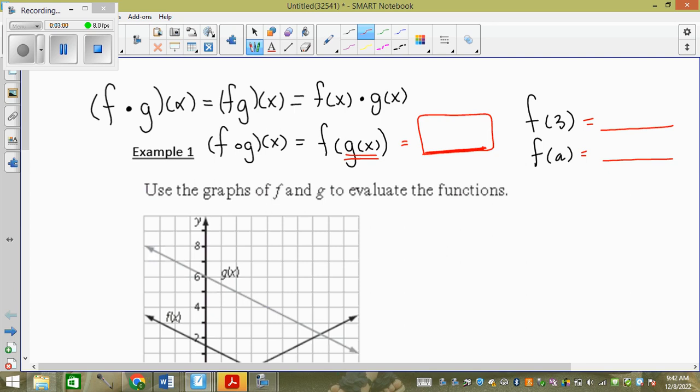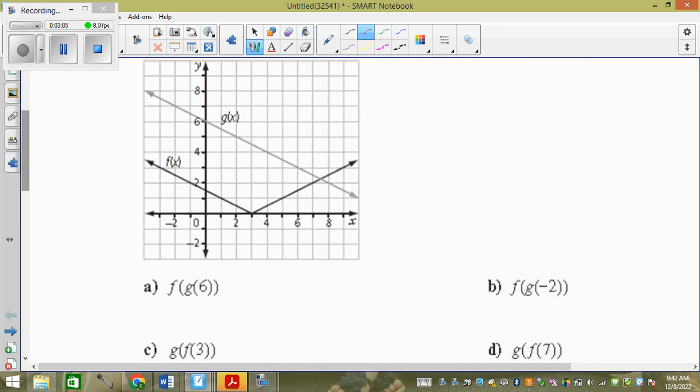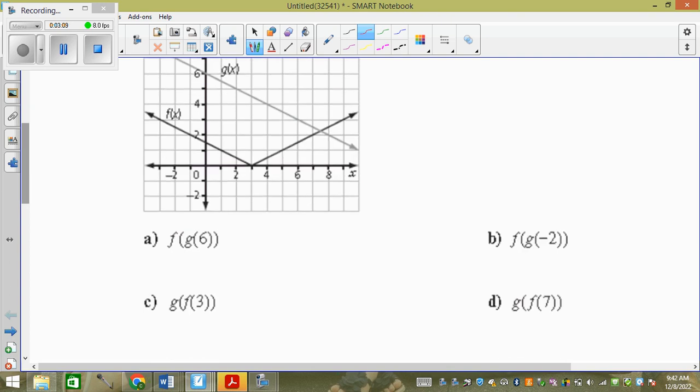All right? So if we look at example 1, these ones actually have numbers, correct? So this is f of g of 6. Well, that's the same as saying f open dot g of 6. Would I ever write it like this? No, that's confusing. So I'm never going to write it like that.